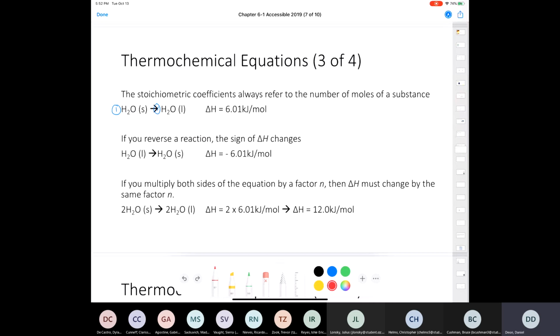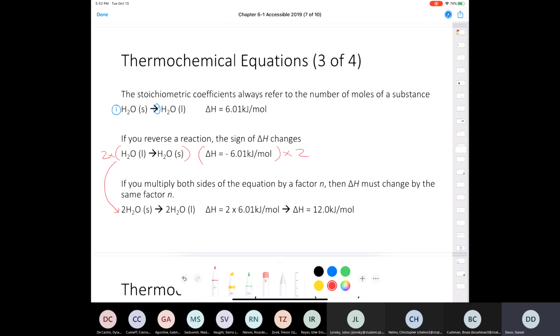The last thing is that if you multiply both sides of an equation by a factor of n, which is an integer, whether it's 2, 3, 4, 5, and so on, delta H is going to have to change by the same factor. What's happening here is I'm taking this equation and multiplying it by 2 to give me 2 moles of ice, giving 2 moles of water. Well, I'm going to have to take my enthalpy value and multiply it by 2.